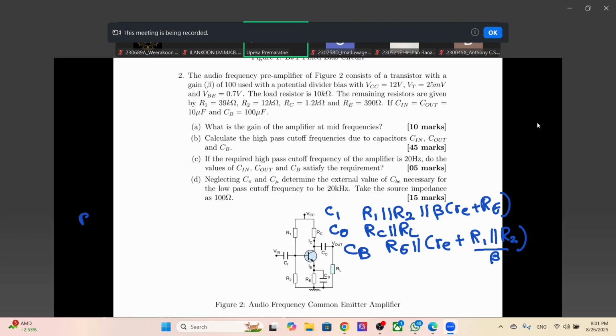For C in, 39K parallel to 12K parallel to 100.